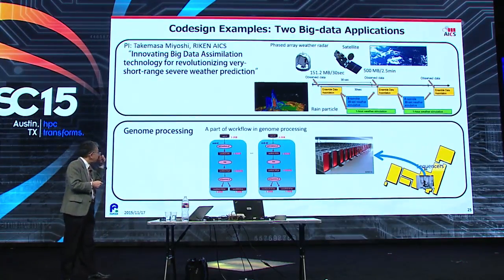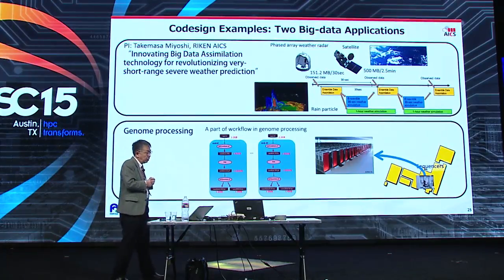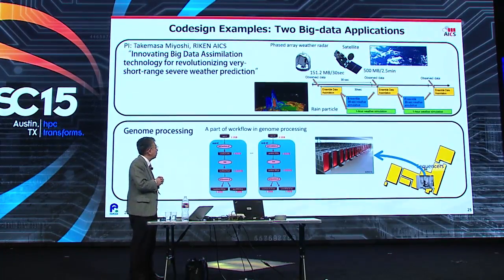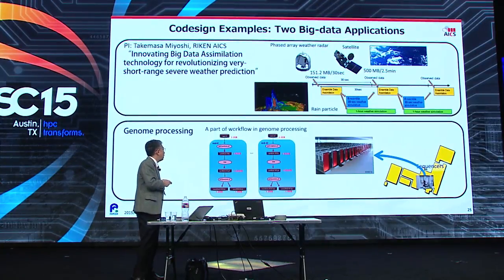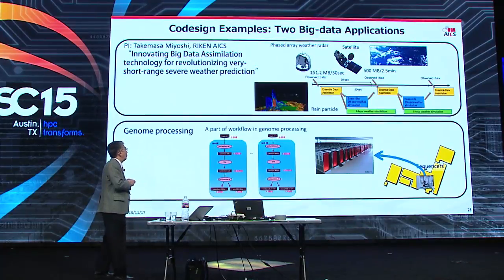In this research, 30-second responsiveness is required. Every 30 seconds, new observed data come from the phased array weather radar. And also every 2 to 5 minutes, the observed data from satellites come.